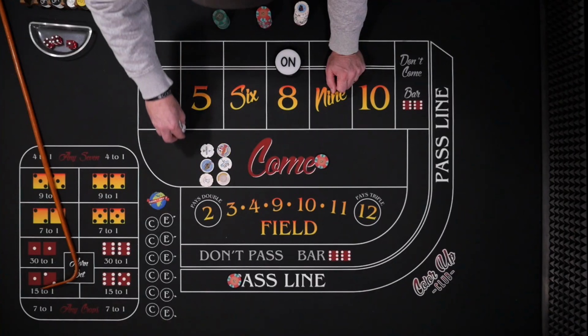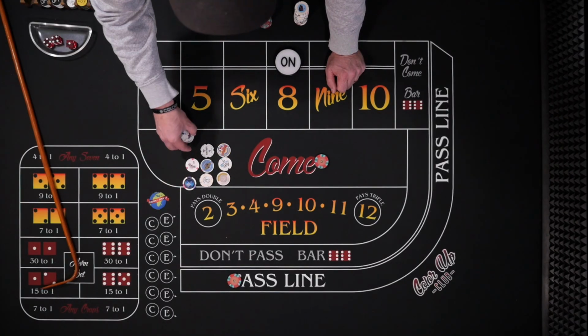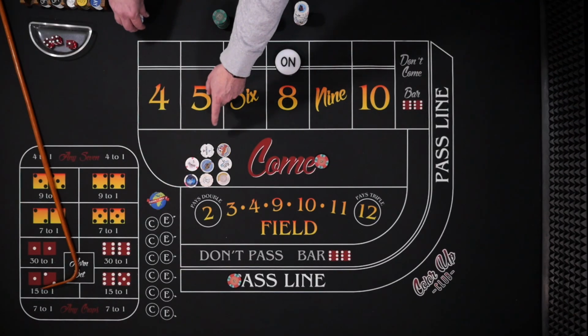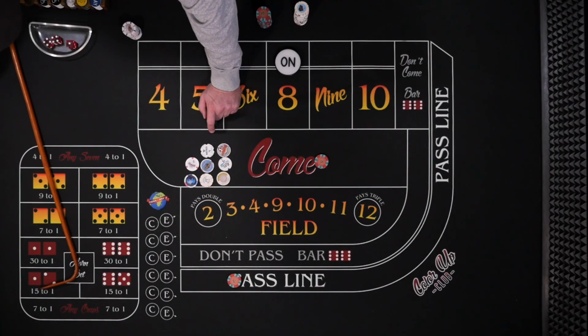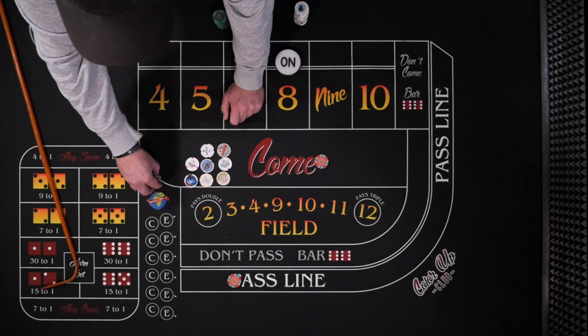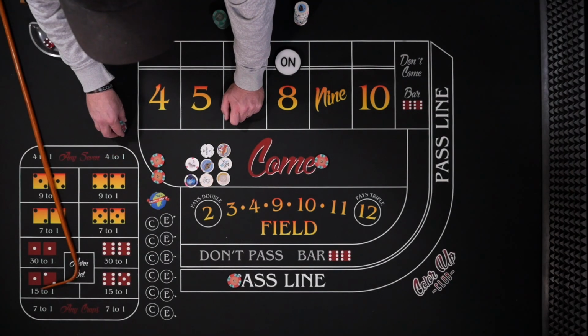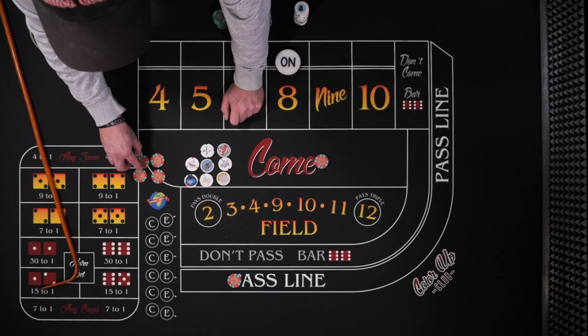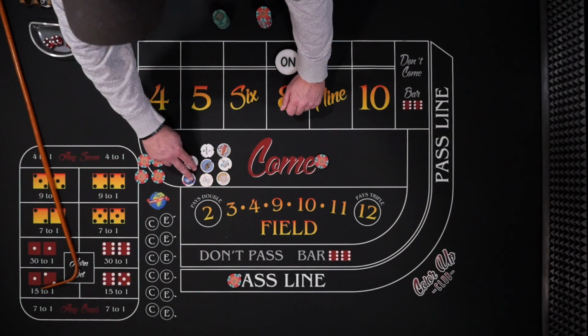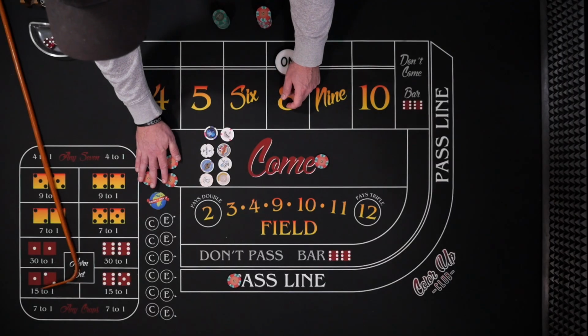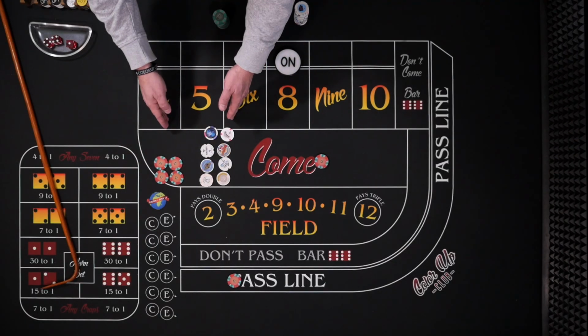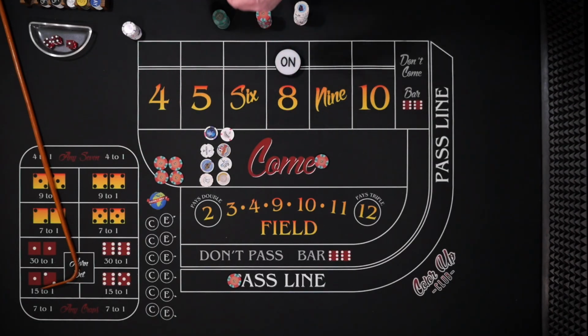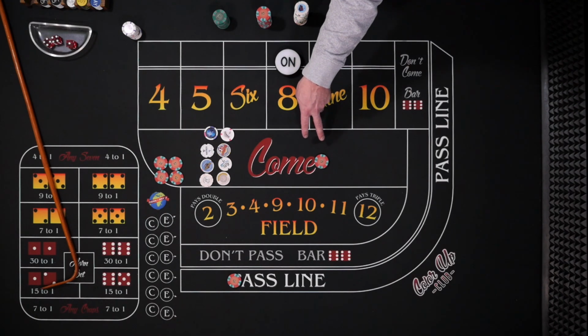You also win with the 11, where there are 2 ways to roll the 11. So there are 8 dice combinations that will cause our bet to win. Now, what loses is the 12, the 2, and the 3. So 8 ways to win. Let me move them over here like this. 8 ways to win, 4 ways to lose. We have a 2-to-1 advantage for that first roll. That is a huge advantage for this bet.